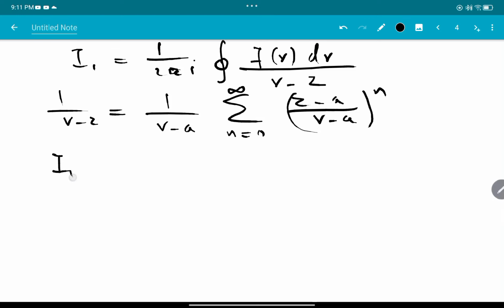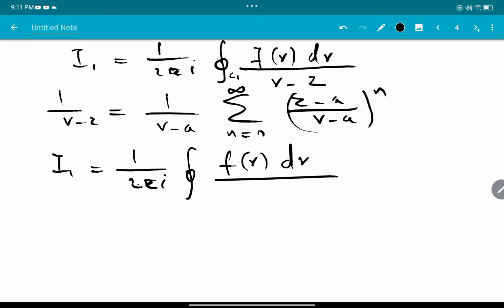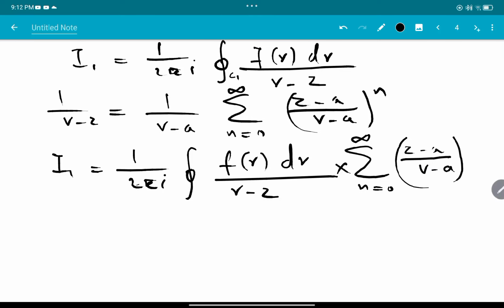I have I1 is equal to 1 by 2 pi i integral over C1 of f(gamma) d gamma divided by gamma minus z, into this quantity, the summation n equal to 0 to infinity of z minus a divided by gamma minus a raised to n.